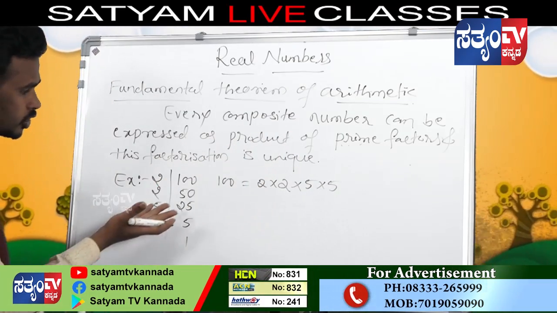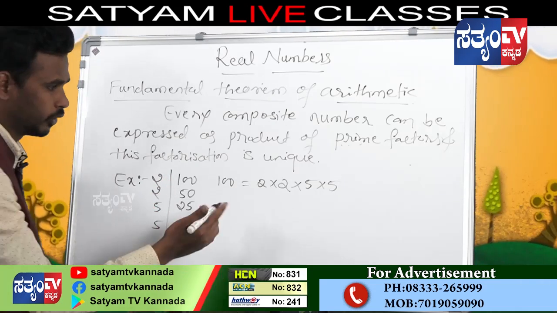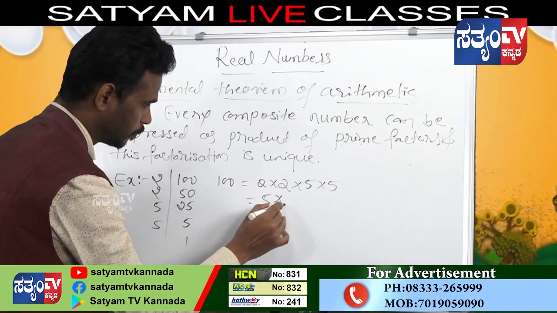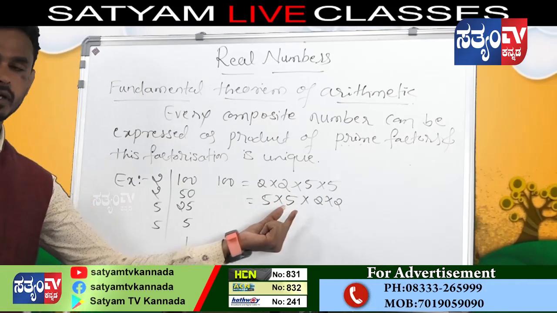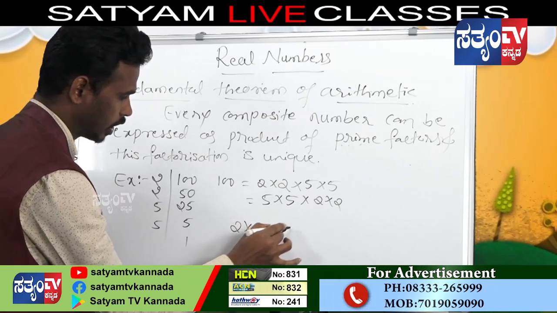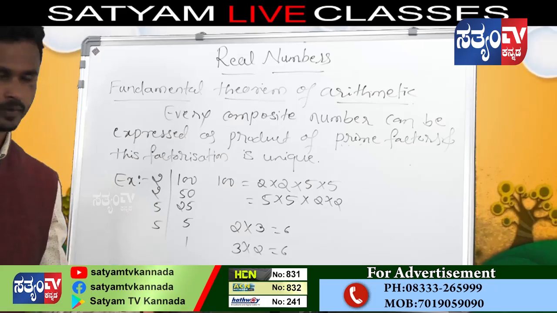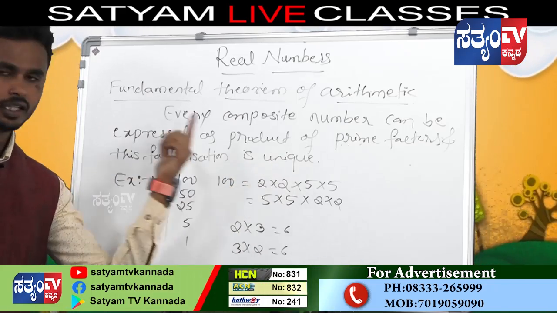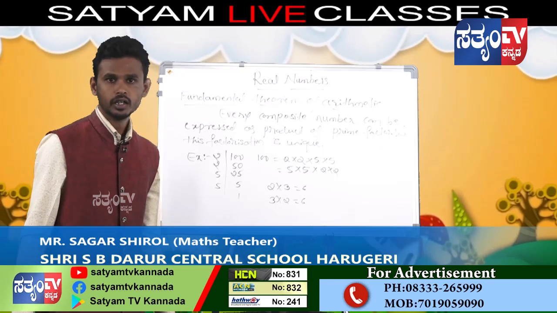Unique means you can divide by the number 5 first also and you will get 5 into 5 into 2 into 2. But the multiplication you will get is the same, just as 2 into 3 is 6 and 3 into 2 is also 6, both the same value. So the factorization is unique. This is the Fundamental Theorem of Arithmetic.